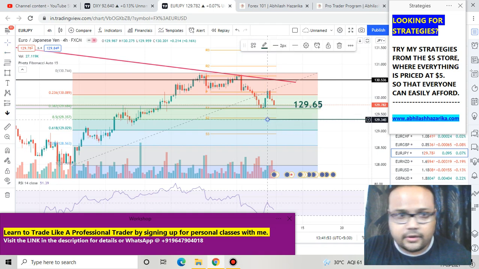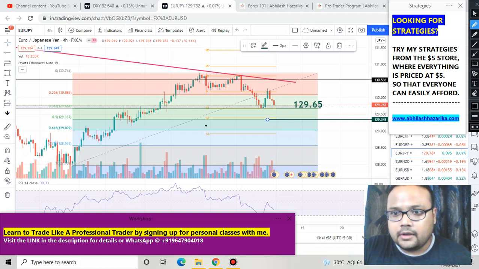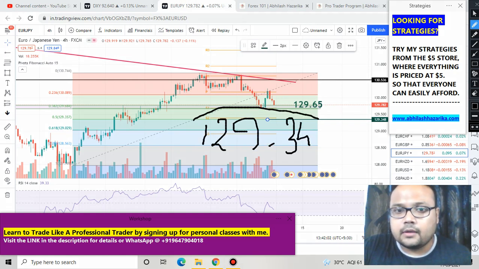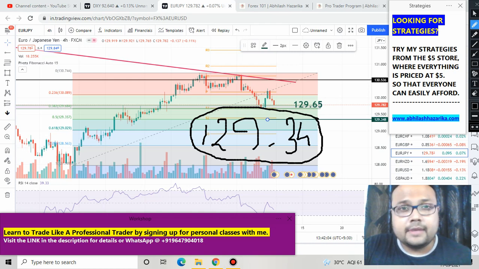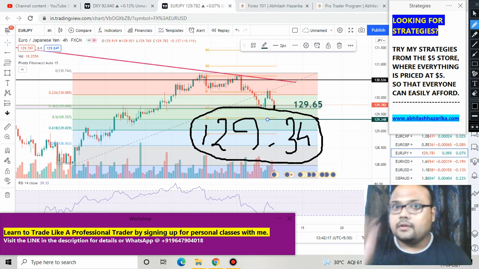Sorry, it's not 129.25, it's 129.34. So this is the 50% retracement level on the Fibonacci chart. In case there is a red candle on Monday, there is a good possibility of the market bouncing from the 129.34 level. So if you want to buy at the 129.34 level, you can go for buy.